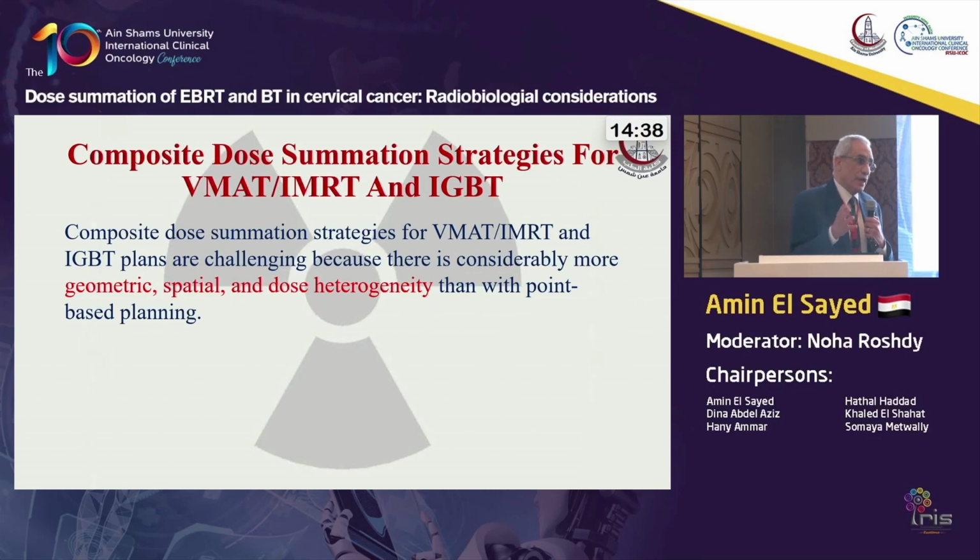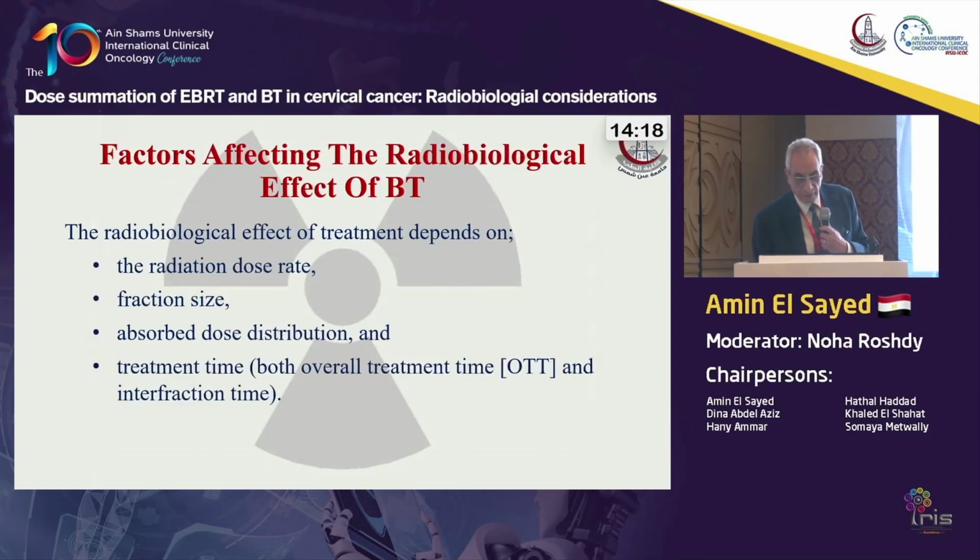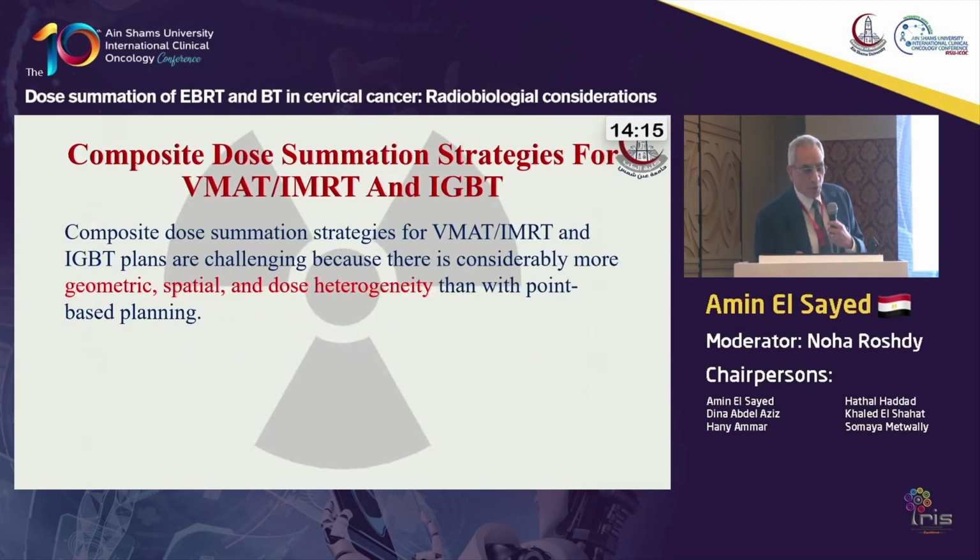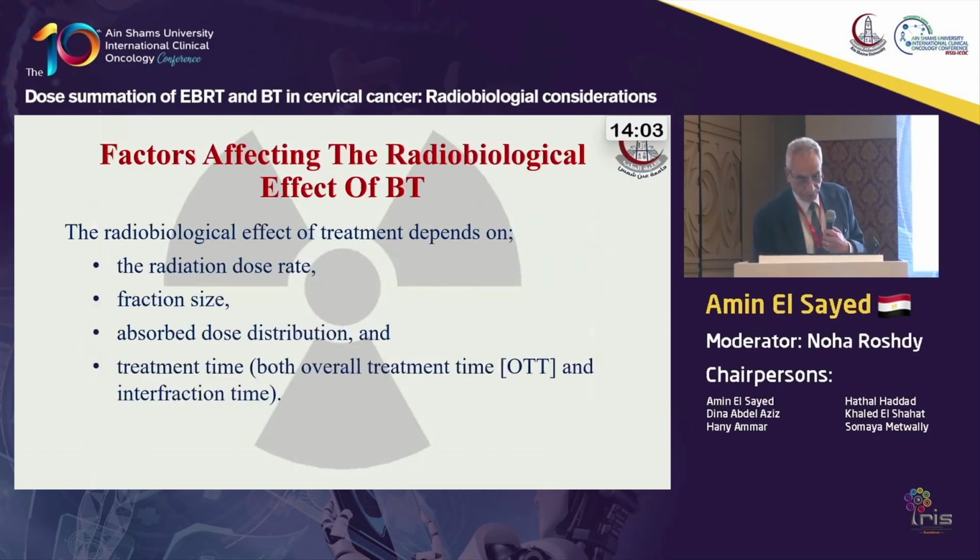Therefore, the radiation oncologists at that time had to move from point calculation to volumetric calculation, to calculate the dose in a volume, not only at a point. But the problem in volume calculation is that we considerably have spatial and geometric dose heterogeneity.